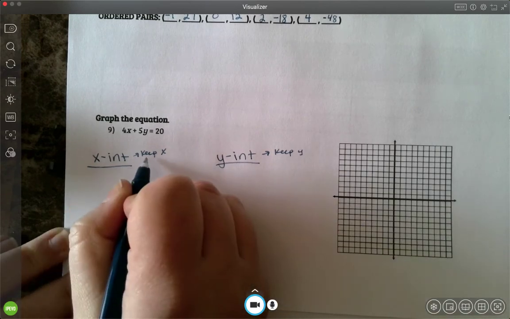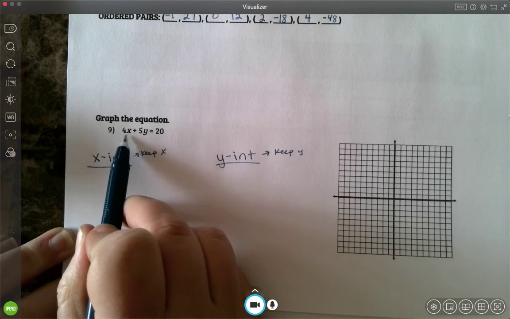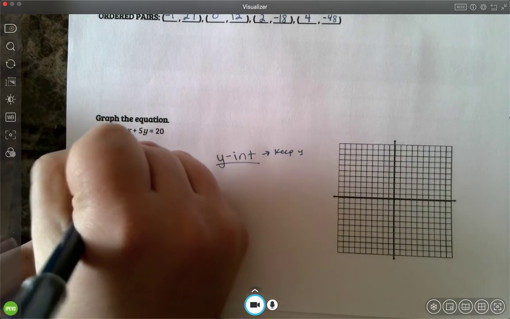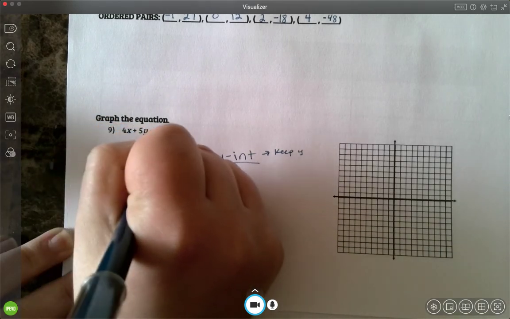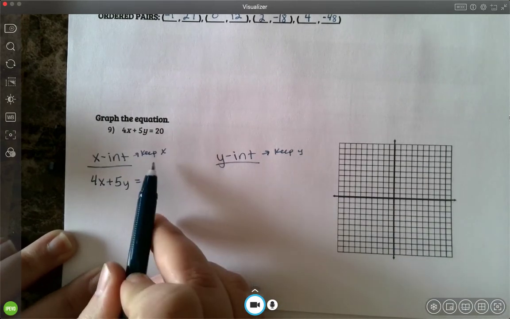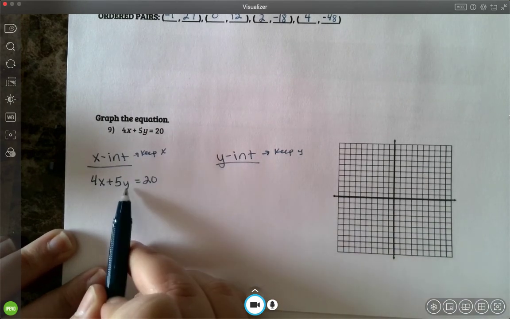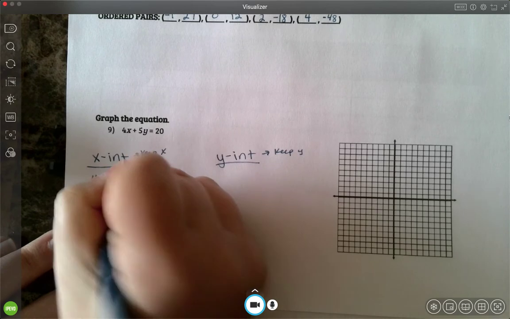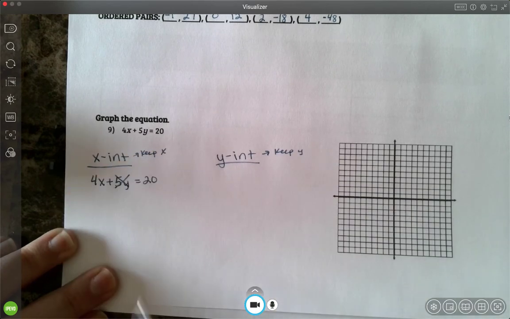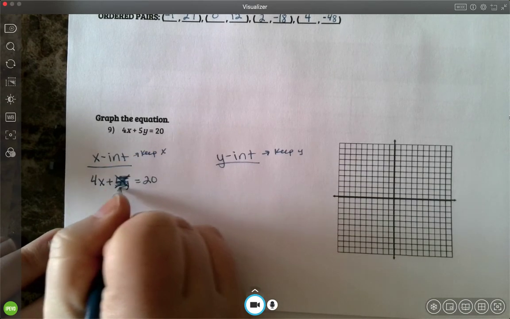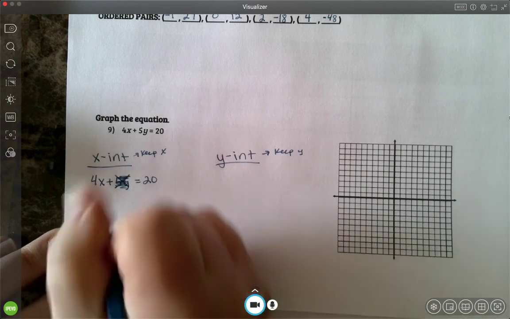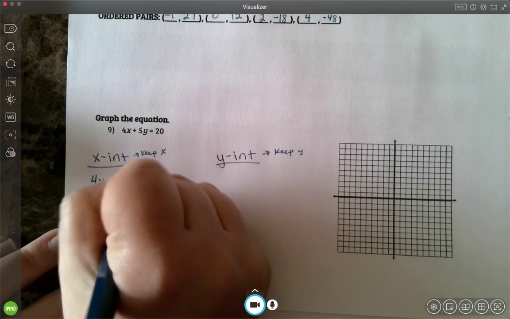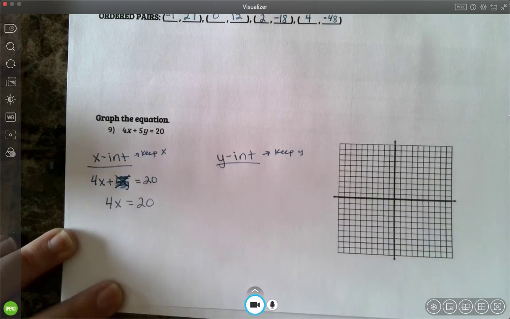So what I'm going to do is I have 4x plus 5y equals 20. But since I'm solving for my x-intercept, I can get rid of the y term. So I'm actually just going to scribble that out. Then I'm left with 4x equals 20. Now I solve for x. I have 4x.